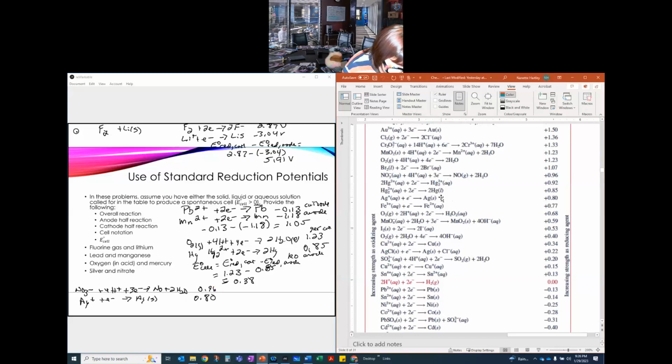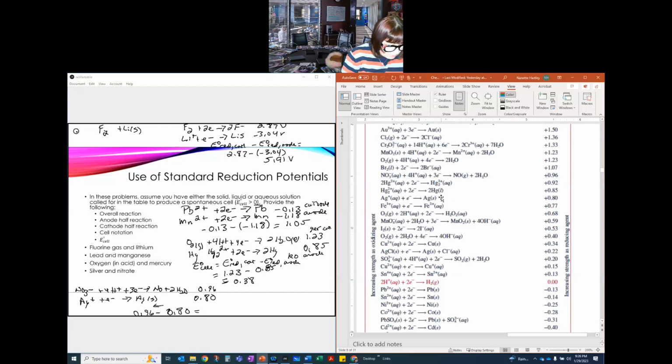Okay. Now, it says nitrate and silver. So that implies to me that this one is going to go the other direction. If it goes the other direction, then we're going to have 0.96 minus 0.80, because I reversed the sign on the 0.80.